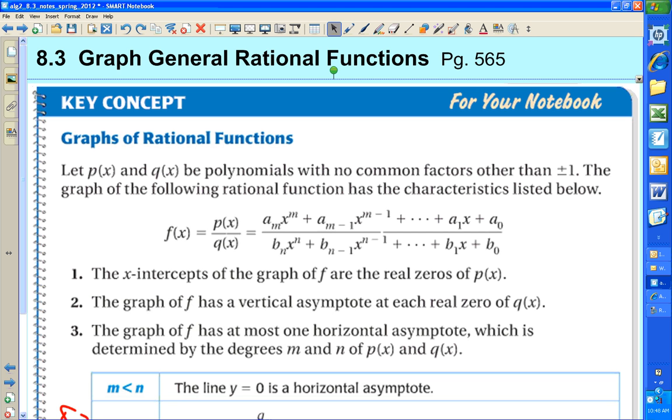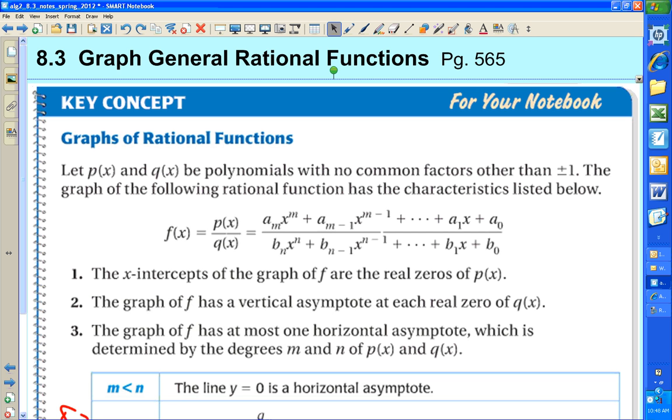Okay? Now, things that I want you to find on these graphs. I want you to find the x-intercepts. To find the x-intercepts, take the top, the numerator, and set it equal to 0 and solve for x. There's 2 ways to do that.